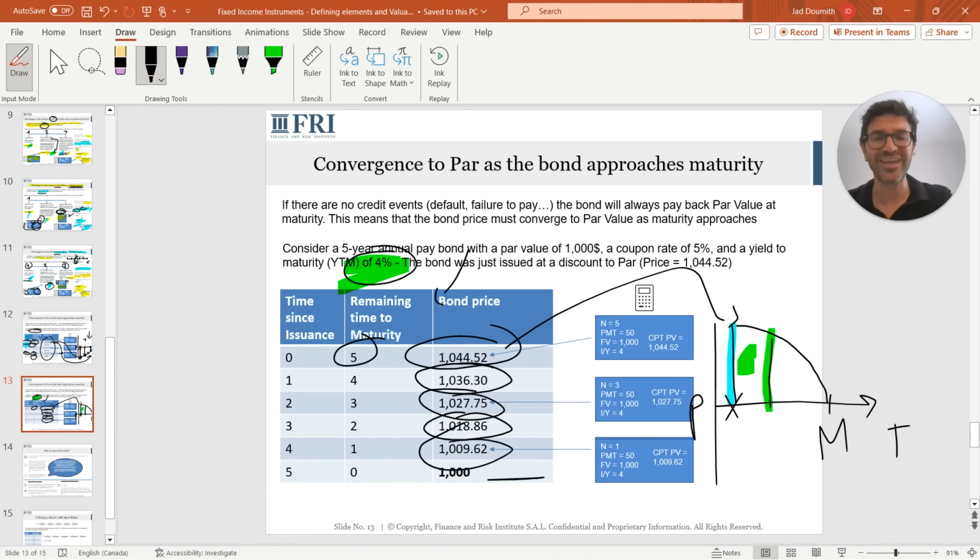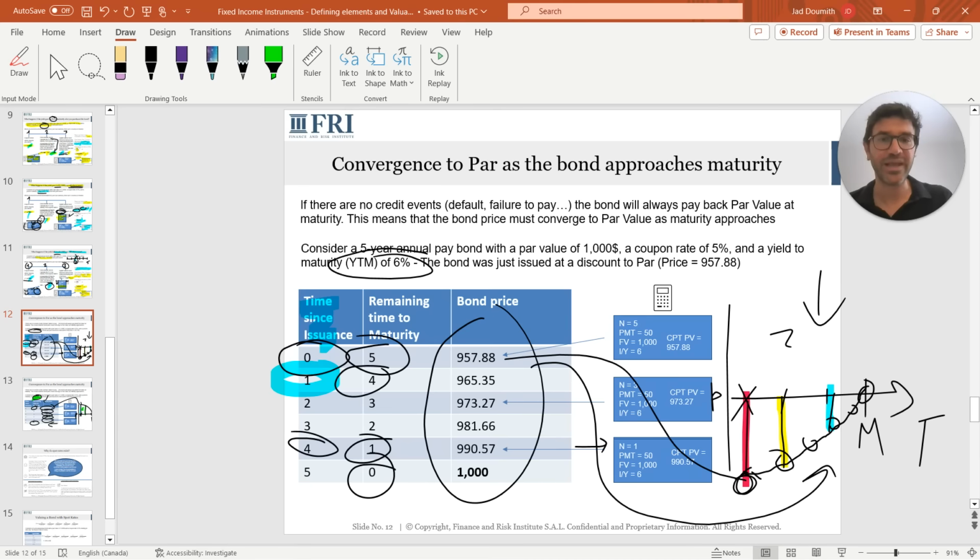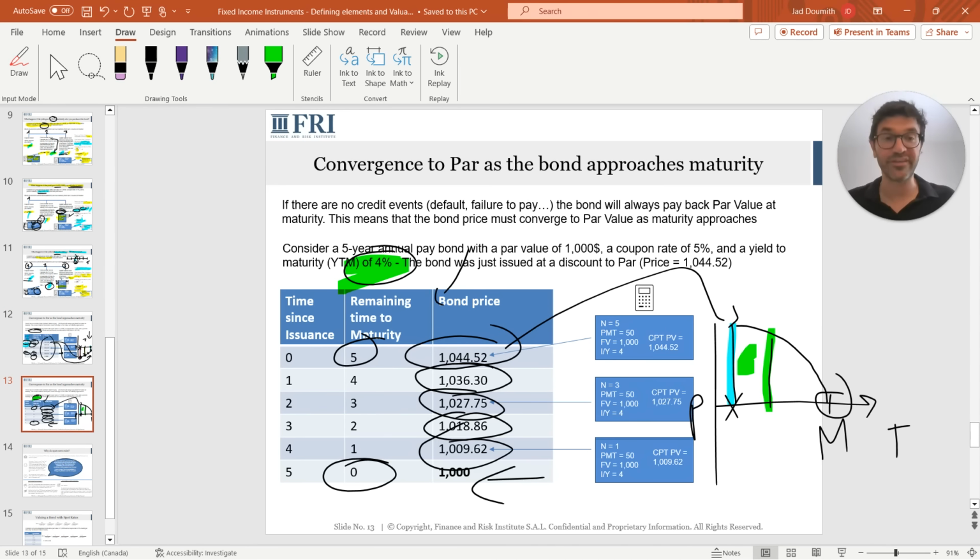Until it reaches exactly 1000 at par. And this again helps you in understanding why when interest rates fell or went up in a previous example, because you held the bond to maturity, you had no capital losses. Because at maturity, you always get par value.